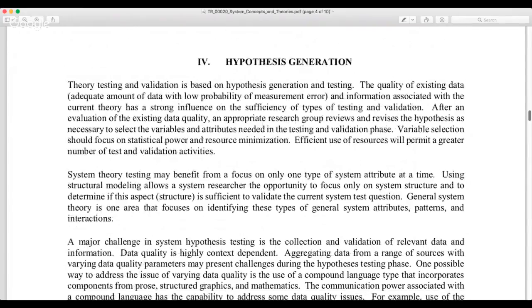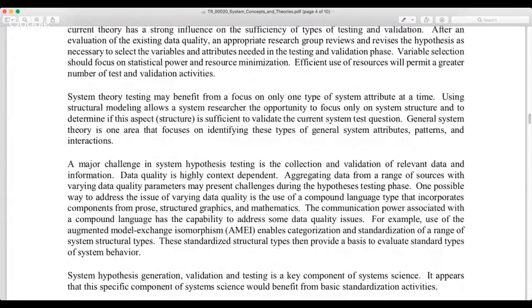So, in system theory testing, we may benefit from focusing on only one type of system attribute at a time. In this particular case, we're working on the system structure and focus on identifying these types of general system attributes, patterns, and interactions.